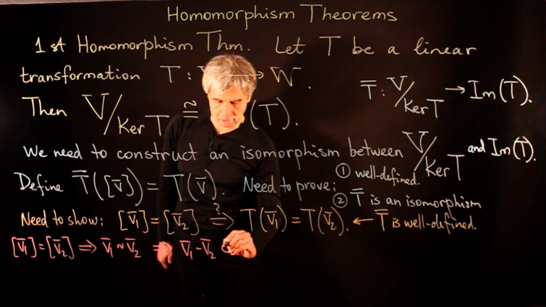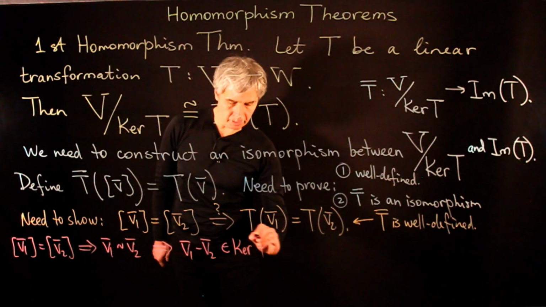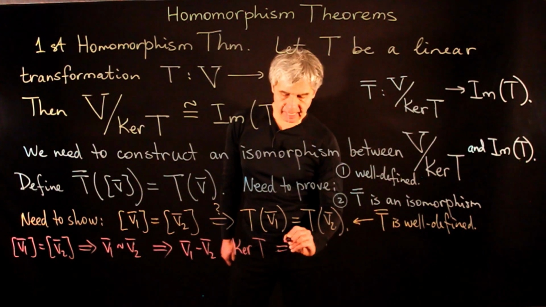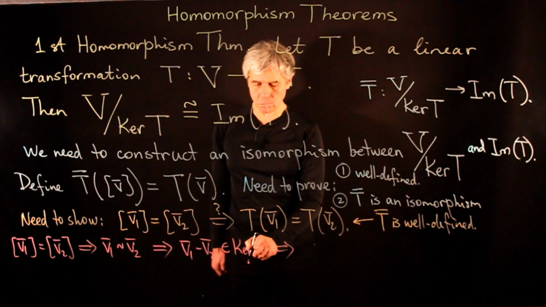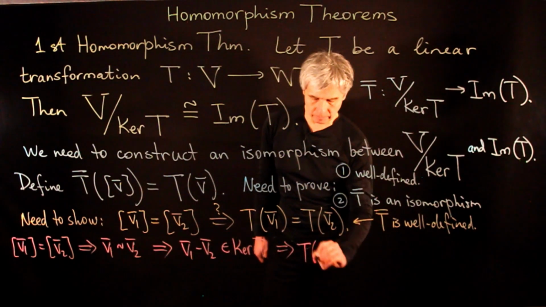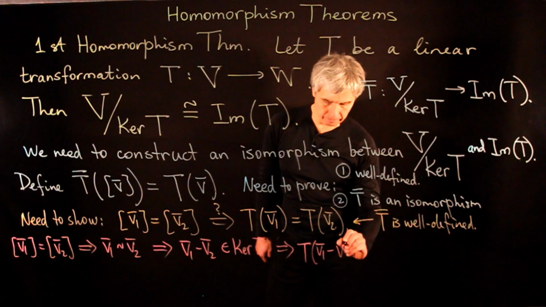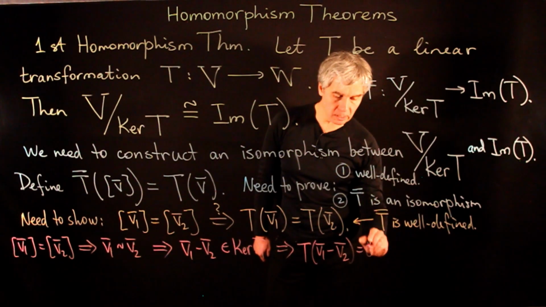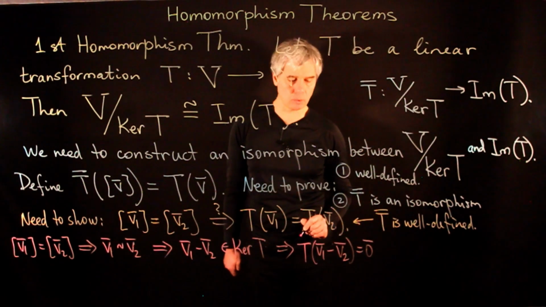In this case, this is kernel of T. But this says that if a vector belongs to the kernel of T, this means that T applied to this vector is equal to 0, because this is the definition of the kernel.